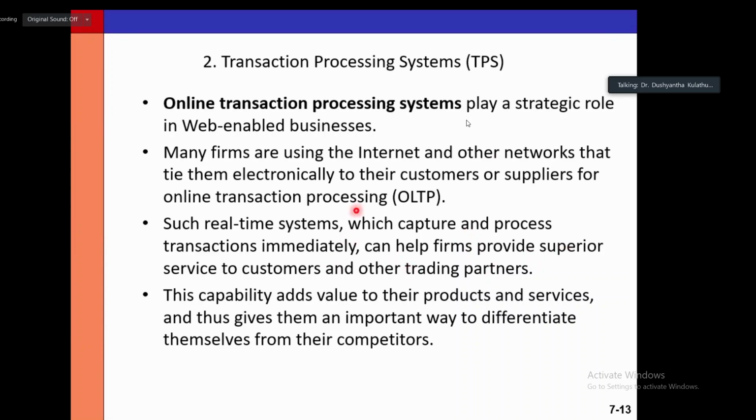Now, when you process real-time data, you will have up-to-date data within your databases, which can help you to provide a better service to your customers as well as other trading partners.